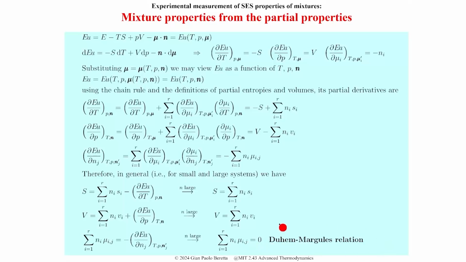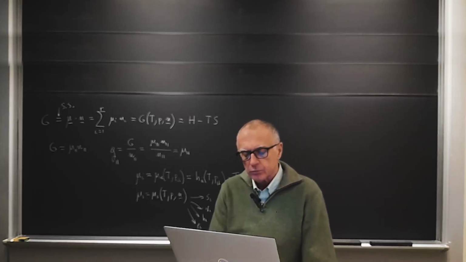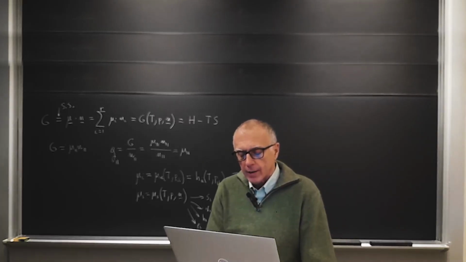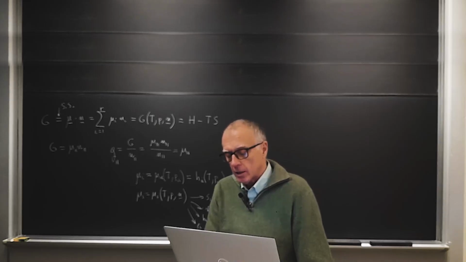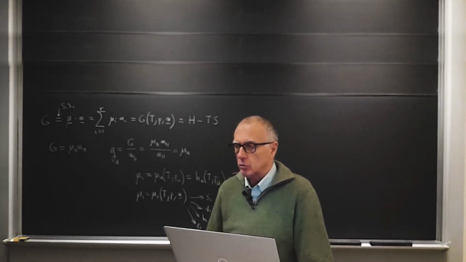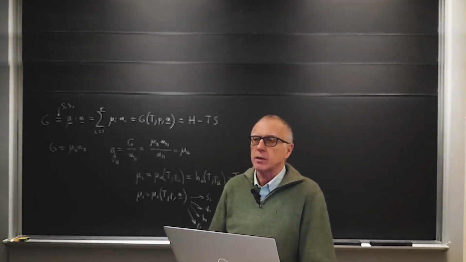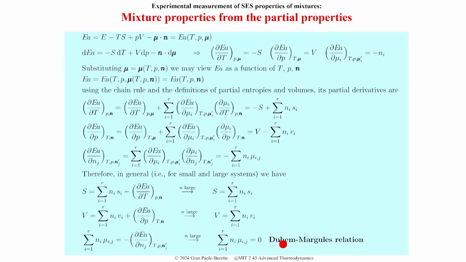This is called the Duhem-Margules relation. And it will play some role in making sure that when you develop models, you're doing it consistently. For the moment, we leave it there.